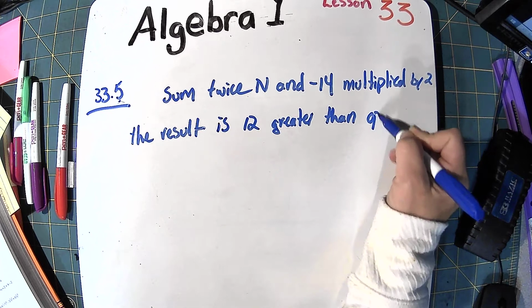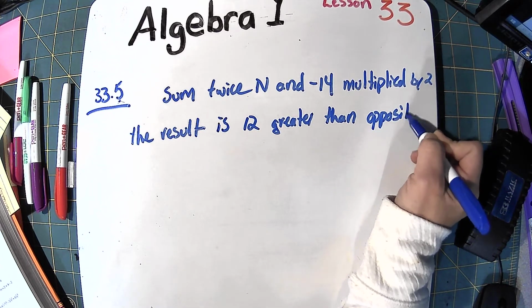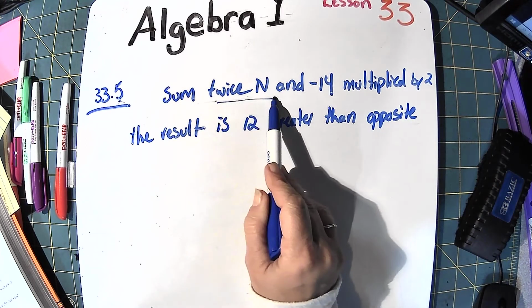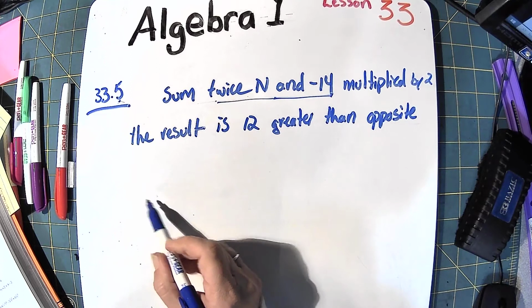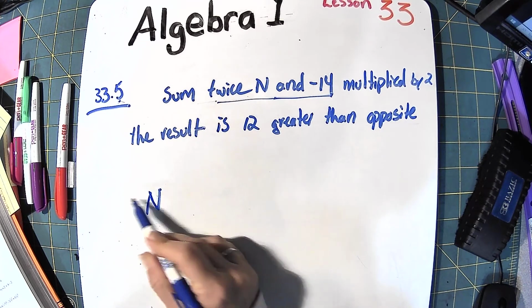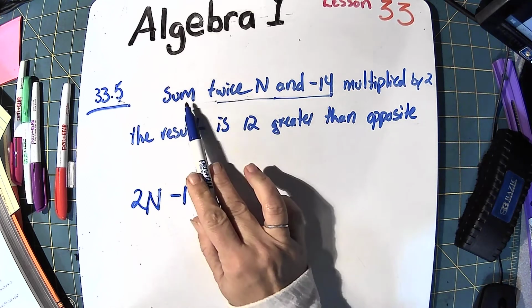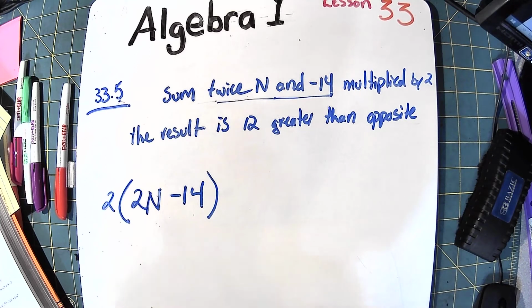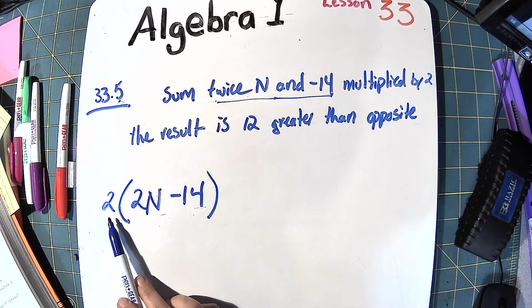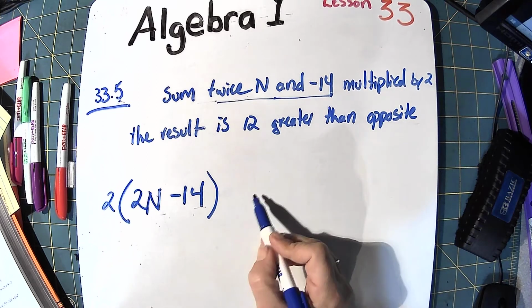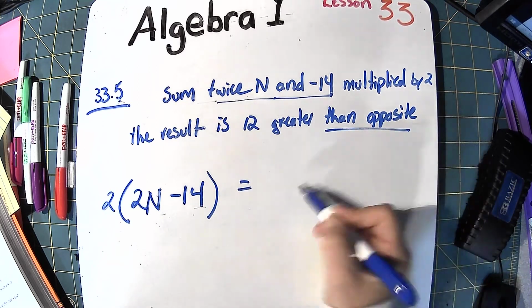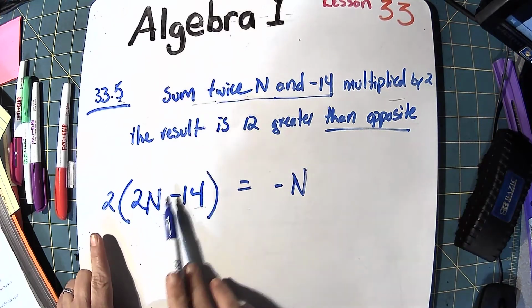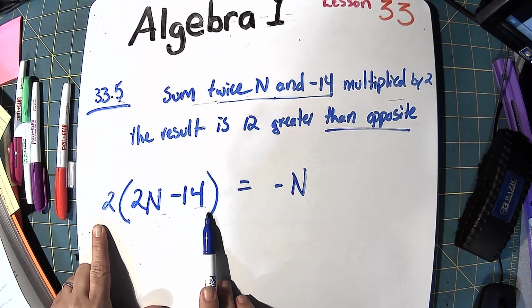Okay, so we got the sum of twice the number and negative 14, so 2n minus 14. So the sum of twice the number and negative 14 is multiplied by 2. So this whole thing has to be multiplied by 2. The result is 12 greater than the opposite of the number. The opposite of the number will be negative n.